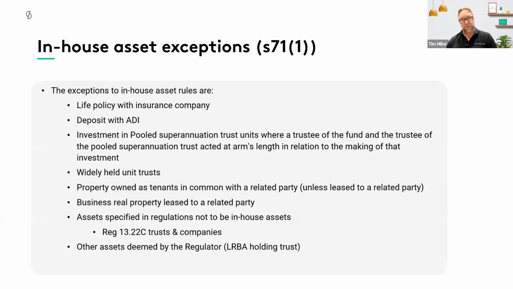And this is an interesting exception when you go through the rules, because the other thing that happened in that 99-2000 timeframe, and a lot of this was kickstarted in 98, was that excluded funds, the precursor to self-managed funds, could only invest up to 40% of their assets in business real property.